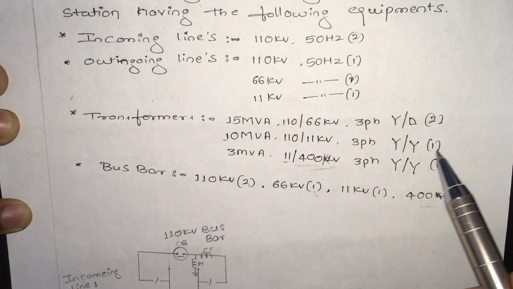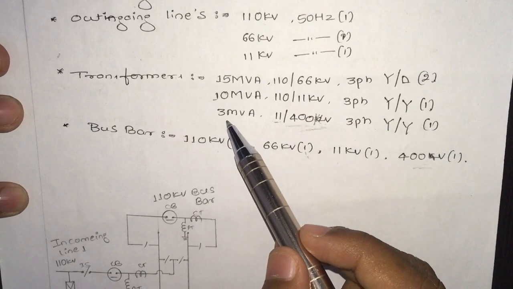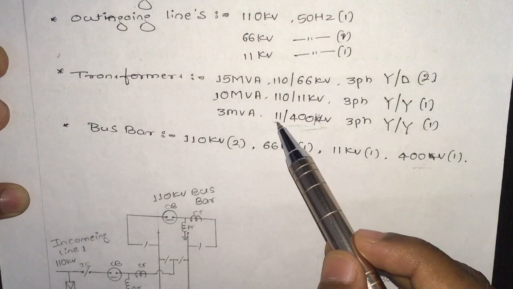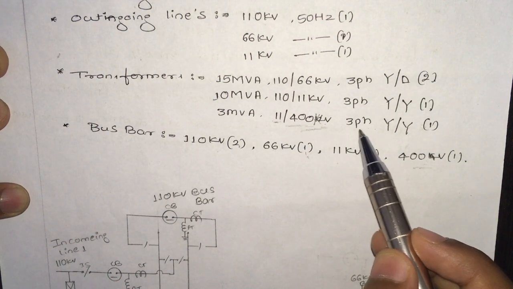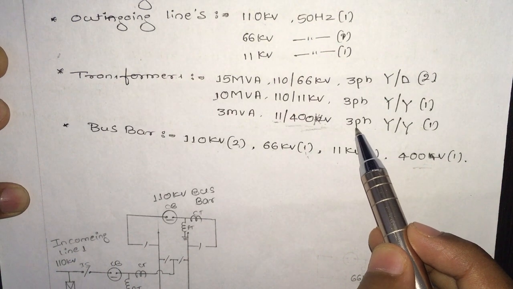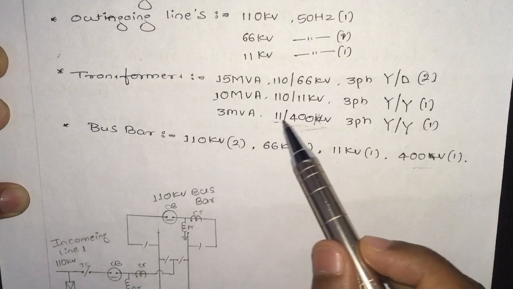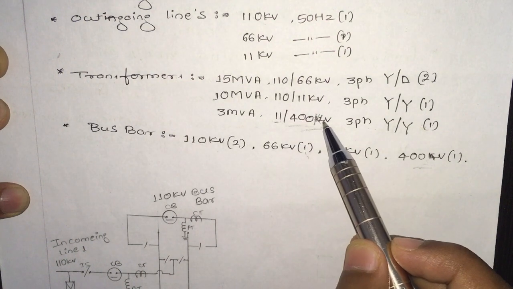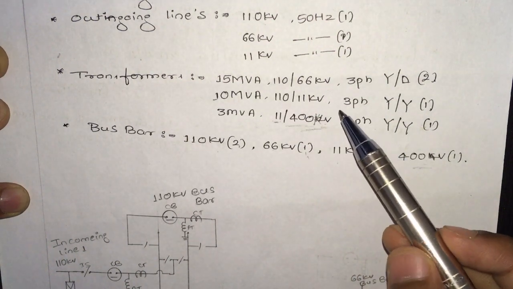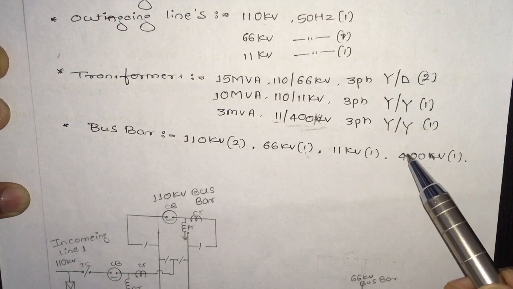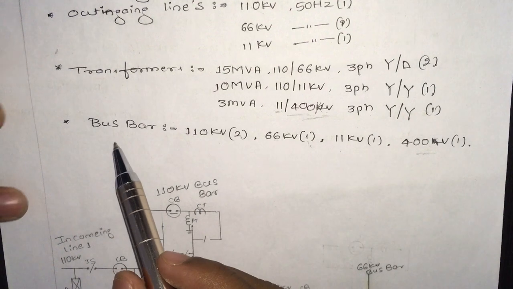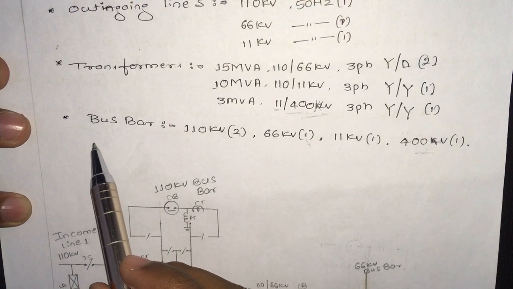Quantity is 1 transformer. And one more is 3 MVA, 11 by 400 volt. Sorry, it is not 400 kV, it is 400 volt. Star by star, 1. And after that they have also mentioned the bus bar.